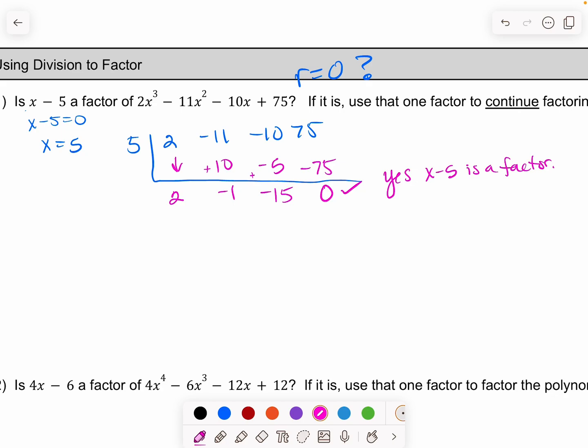All right, the continue to factor part means put the x's back in. So this is 2x to the second minus x minus 15. And do some factoring for these.